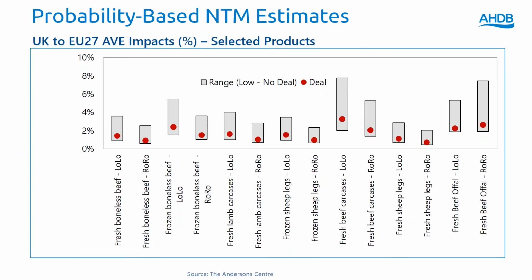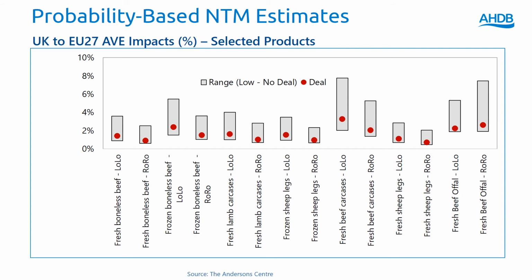So when we move on then to look at the probability-based NTM costs, here we're taking account of factors such as a 20% physical check rate in the case of a no deal scenario, 10% in the case of a deal scenario, and a deal in this context is denoted by the red dots as you will see in the chart on your screens.